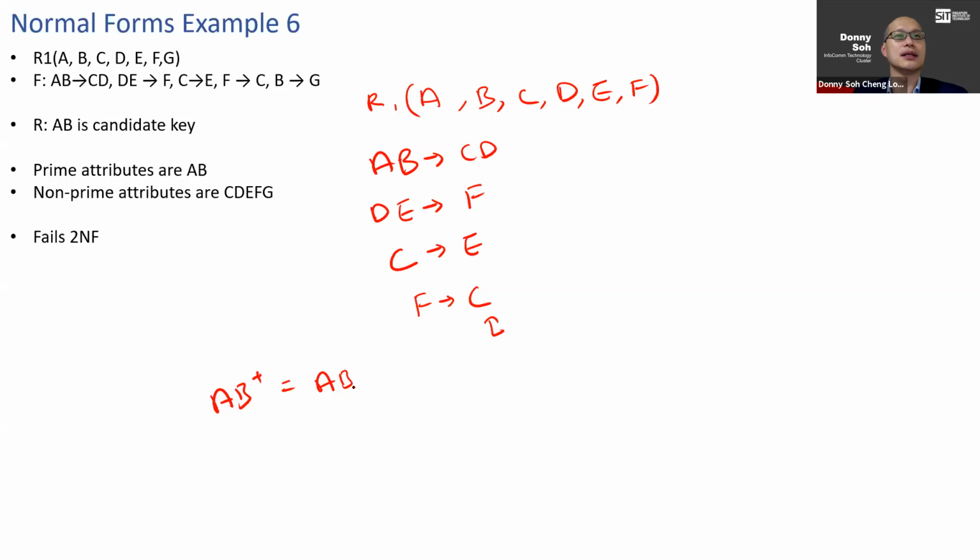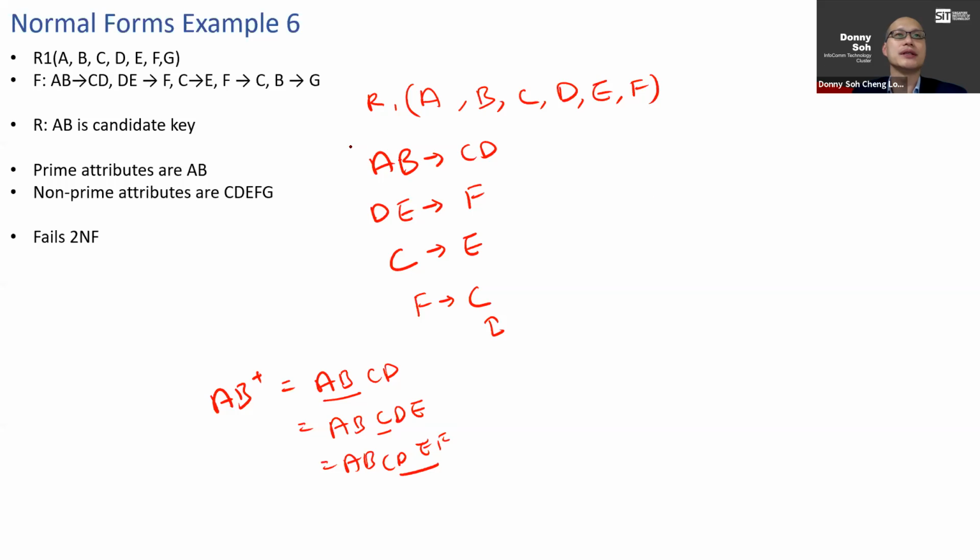So this is AB, CD equals to AB, CDE and A B C D E F. So we confirm AB is the primary key.